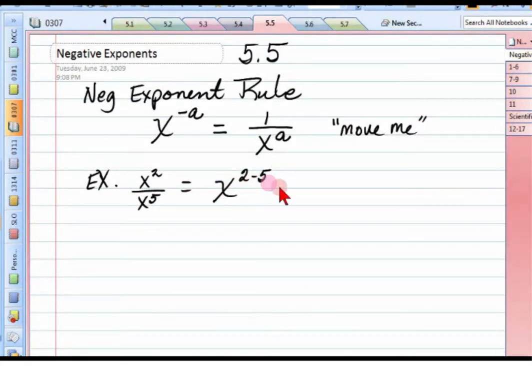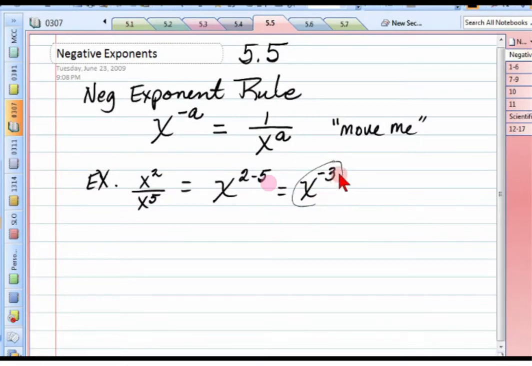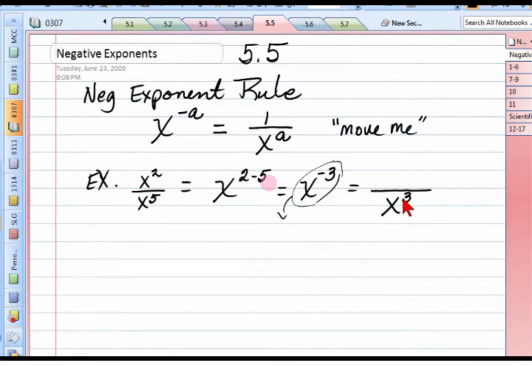And what's 2 minus 5? Negative 3. Now we just looked at this new rule that says you can't leave it like that. What does that negative exponent say? Move me. Take this base and move it across the implied fraction line. It will move down to the bottom, the exponent will become positive, and what's left in the top? A 1.